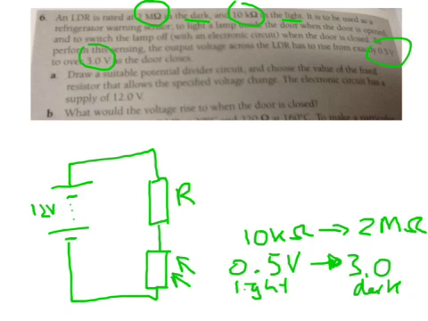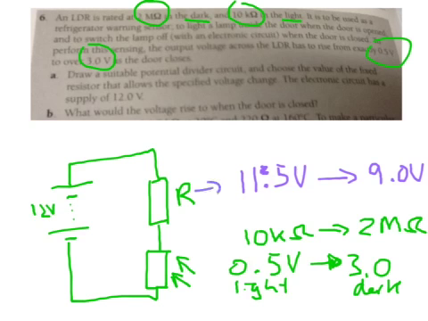We know if there's 0.5 volts across the LDR from a 12 volt supply, we want 11.5 volts across the resistor in light, and in dark it has to be 9 volts or less, 9.0 volts, for this resistor here.